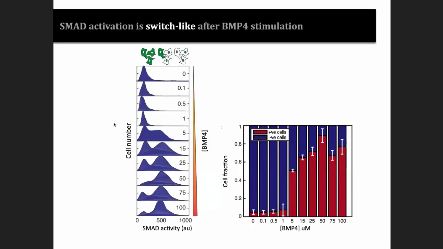This switch-like behavior is also seen as we look at SMAD activity as a function of BMP concentration, and you can see that if you add a little bit of BMP, not much happens, but after some threshold concentration, you clearly see that more and more cells jump into this SMAD activated state.